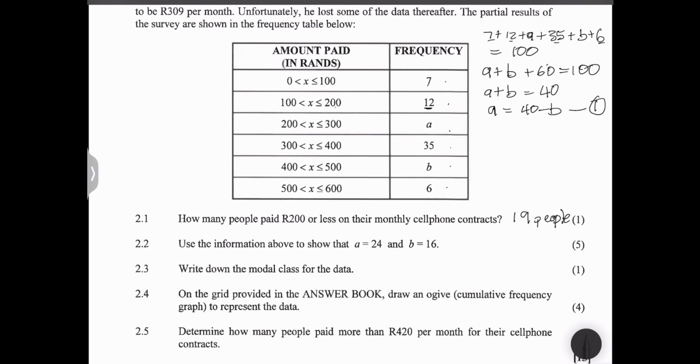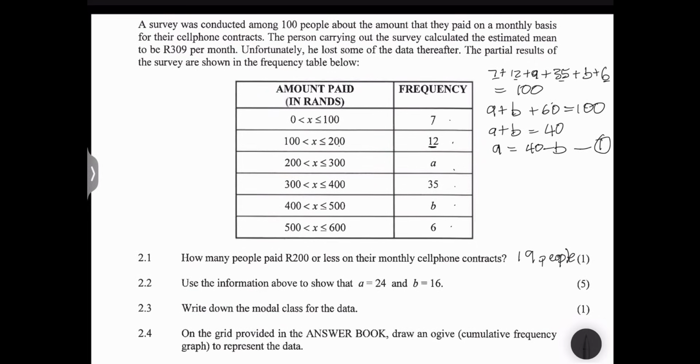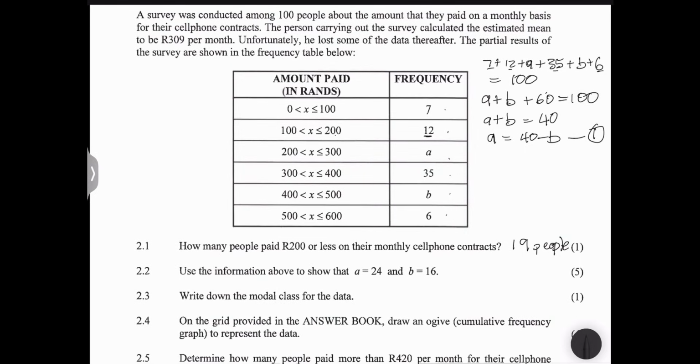Now, how do we formulate equation 2? This is where we're going to use the mean, because they've given us the mean of the data to be 309. Remember, for the mean of your data, we need the midpoint values, xi values.